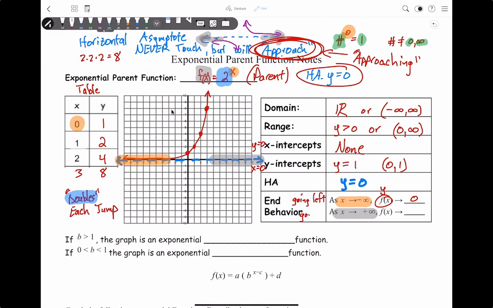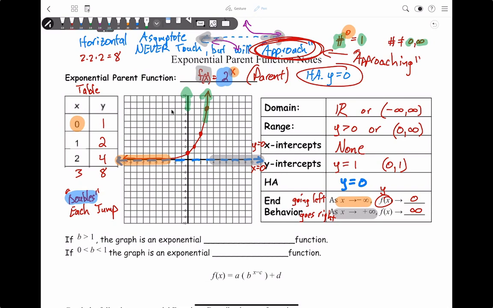As it goes right, the y value is equal to infinity because it is just jumping upward, going up to infinity. So that's how we read those. One more time, this would approach infinity because it is going upward here, whereas before, it would approach 0 because that red graph is approaching the x-axis, otherwise known as y equals 0.